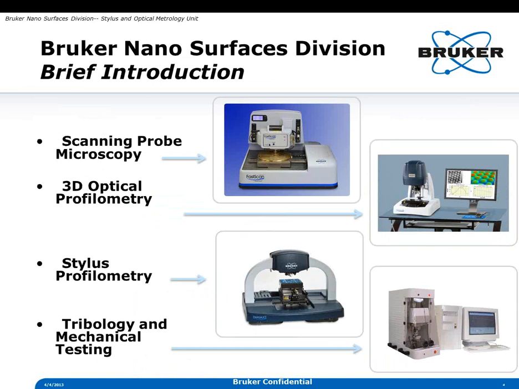Just a brief one-slide introduction to the division if you're not familiar with what we do. Bruker's Nanosurfaces division essentially concentrates on precision scientific and industrial instrumentation in 4 main areas. We have a scanning probe microscopy, AFM group, that has a variety of offerings from very value priced, high capability offerings all the way to full semiconductor automation solutions running 24/7 in fabs.